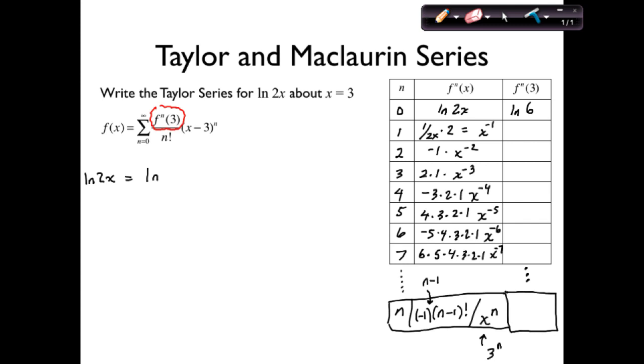We're going to have that ln of 6 separately, and then start at 1, because now the pattern starts when n equals 1. Does that make sense? The function is natural log, and then all these other functions are 1 over x to a power. So those follow a pattern, but this doesn't fit that pattern, so we need to have that initial term.